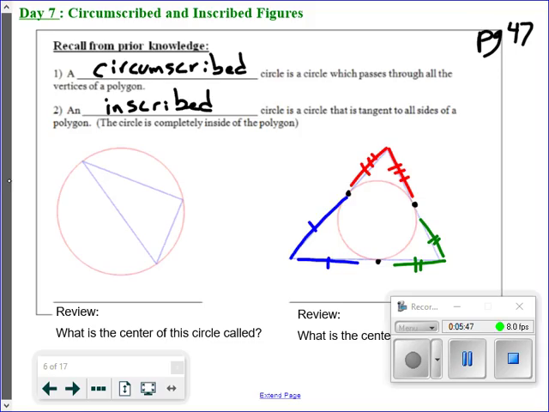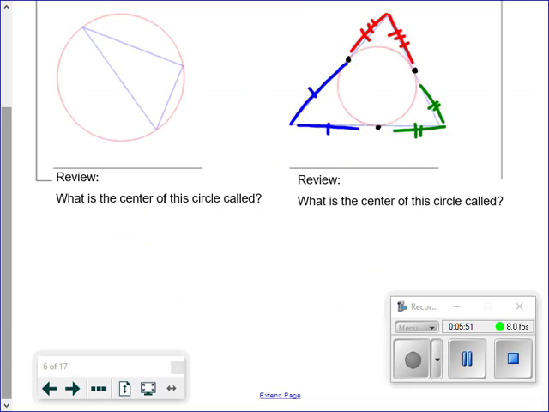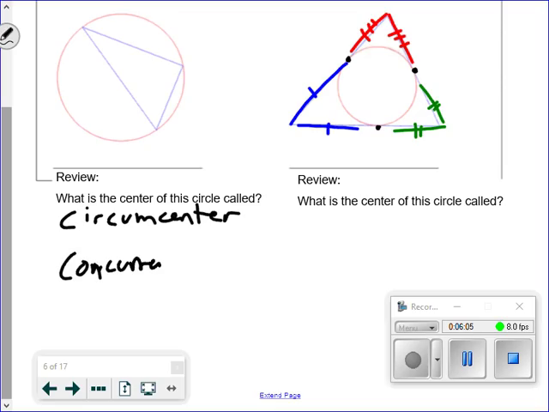I don't think this is on here, but just as a review, the center of this circle is called the circumcenter. This is the concurrency of the three perpendicular bisectors. We did that in unit 5.5.